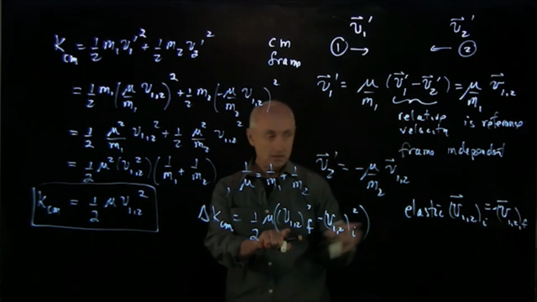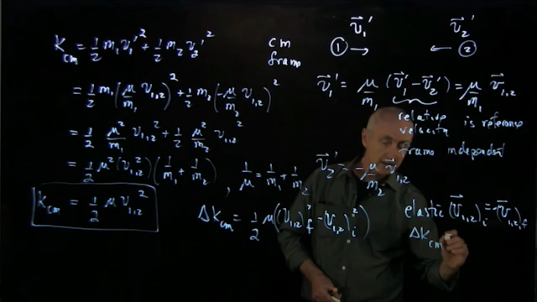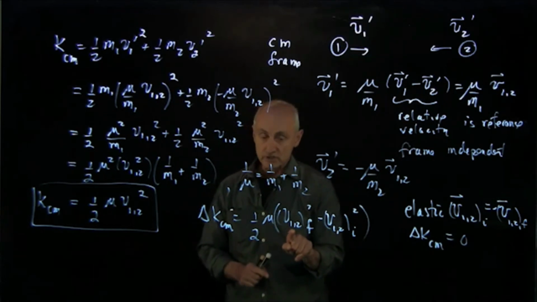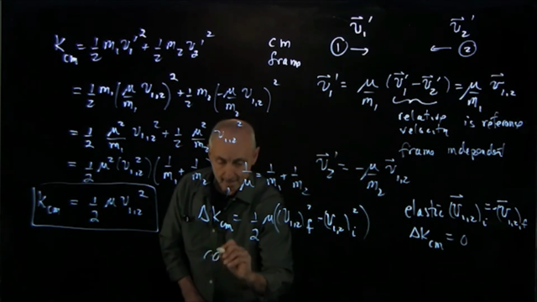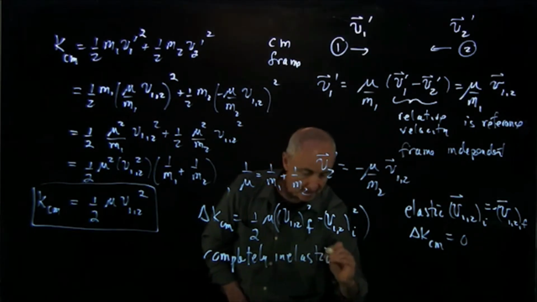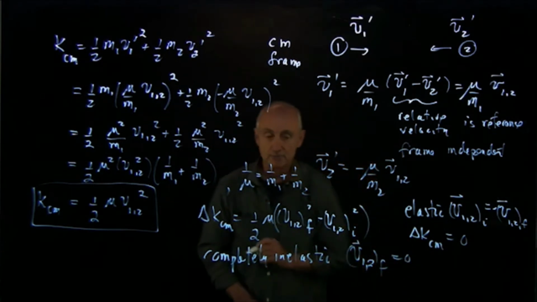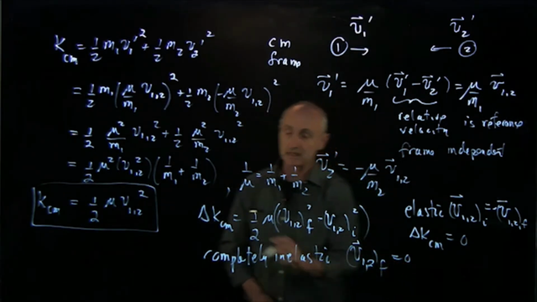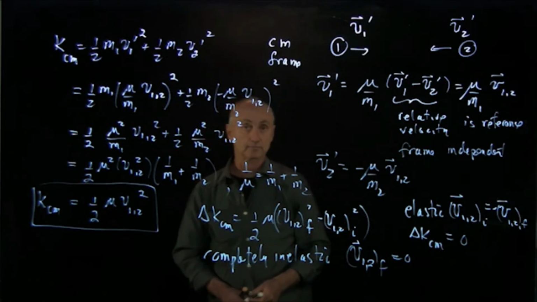So an elastic collision satisfies that condition, and you can see directly that delta Kcm is 0 in that case. And a completely inelastic collision has the two objects moving together at the end, so v12 final is 0, because the objects stick together. And then we have a very simple result for the change in kinetic energy for a completely inelastic collision. It's only negative 1/2 mu v12 initial quantity squared.